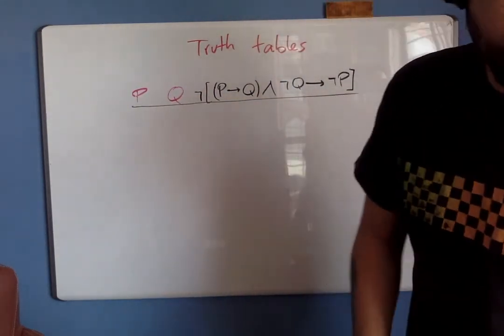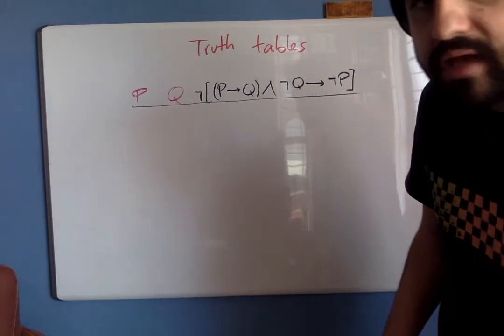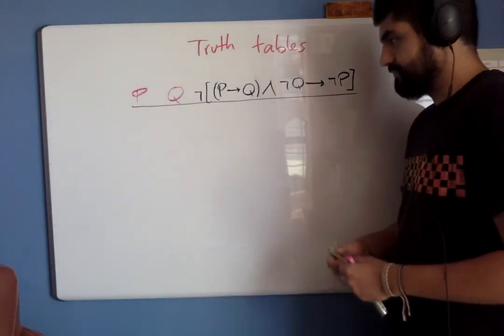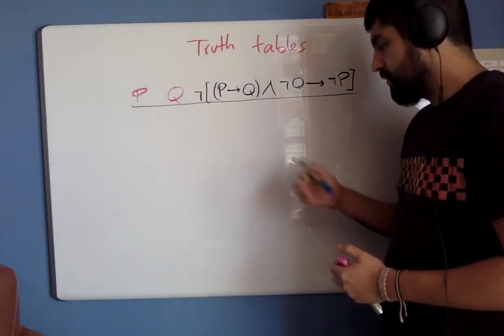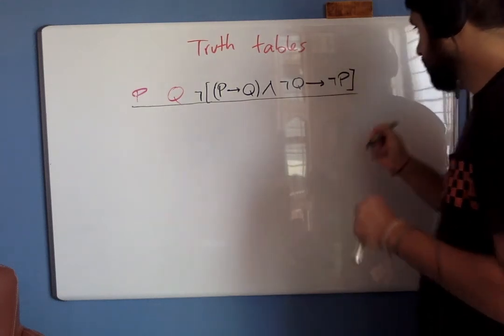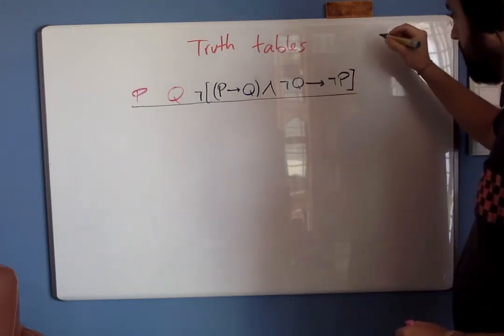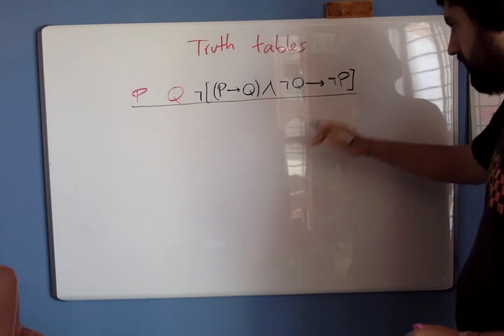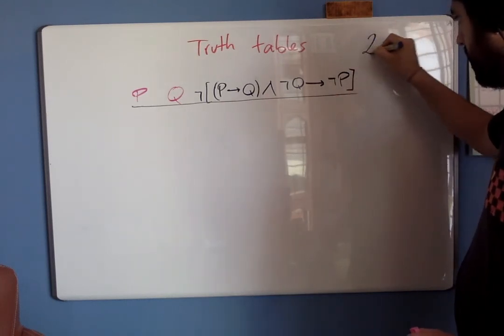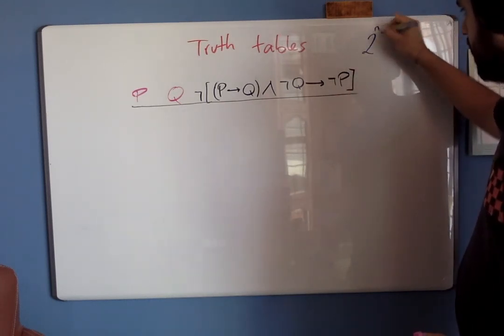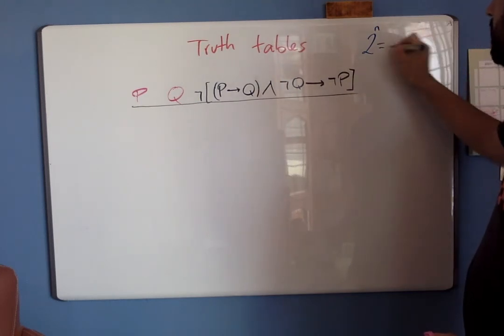The next step is to determine the number of lines that we are going to have in this truth table. Remember that the way to determine how many lines we are going to have is with this formula, 2 to the power n, where n is the number of variables.